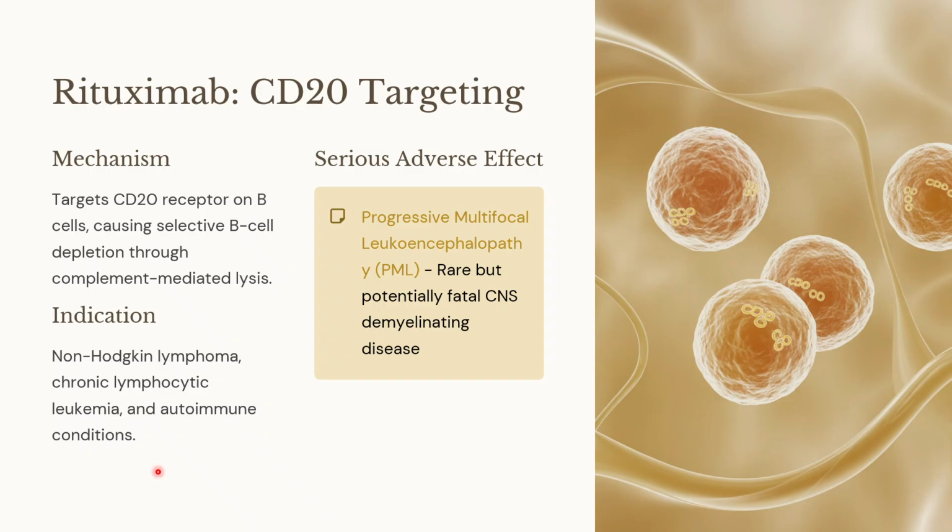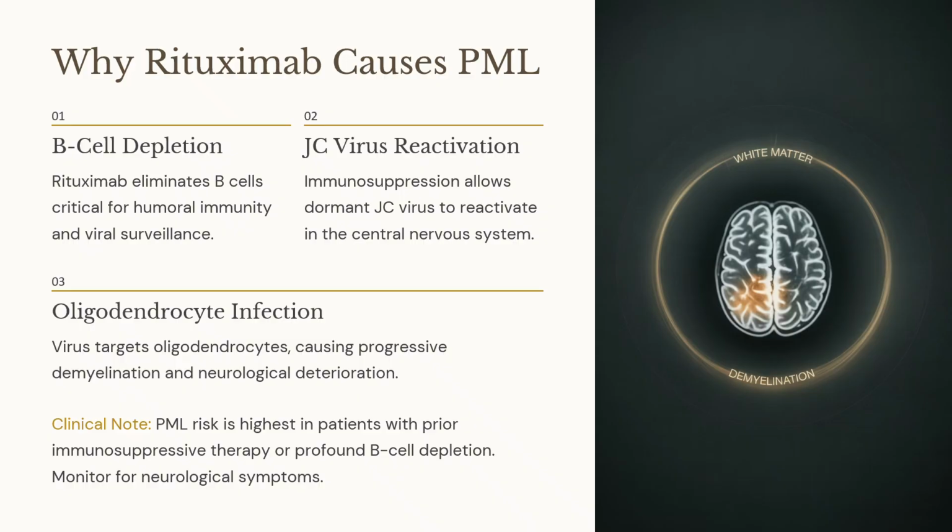But in those with immunodeficiency, like those who have had rituximab and the B cell count has been decreased and therefore the immunity has come down, there will be reactivation of the JC virus resulting in progressive multifocal leukoencephalopathy. This is another slide which is explaining why rituximab causes PML.